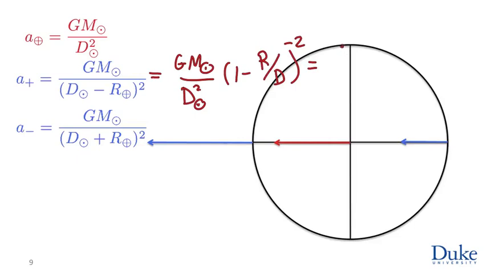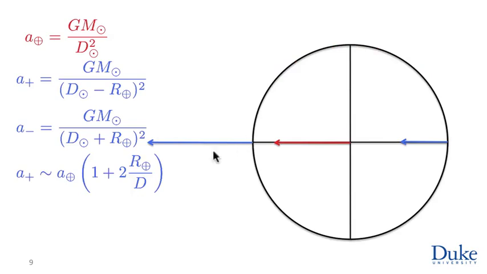And the result is GM over d squared, which is simply A, and then times (1 plus 2r over d). And so this is our approximate value, valid because the Earth is much smaller than the distance to the Sun, for the value of the acceleration of gravity on the near side to the Sun.